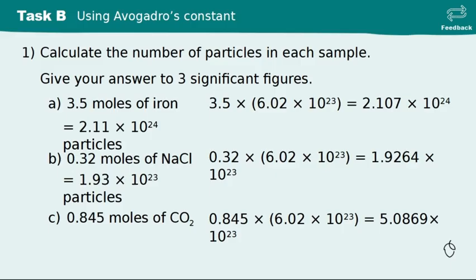Okay, so 3.5 moles of iron times the Avogadro's constant would give us 2.11 times 10 to the 24 iron particles.